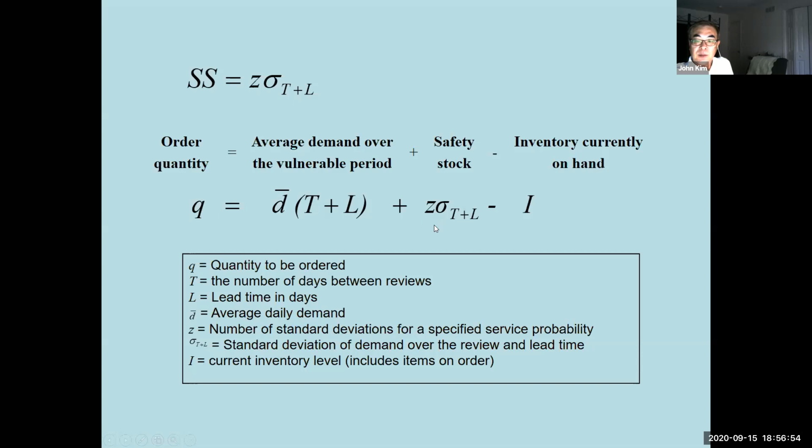In the Q model, safety stock is during lead time, but this one is plus T. So standard deviation during the term plus lead time, and then minus the inventory on hand, if there is any, subtract that many.